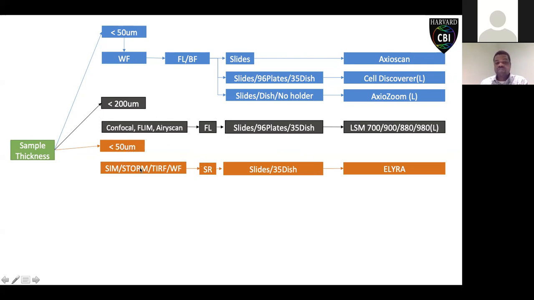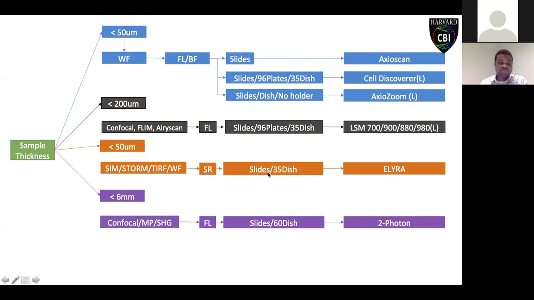You have SIM, STORM, TIRF, and Widefield, which are on the Elyra, and that can take slices in a 35mm dish. And when the samples are thicker, up to 6 millimeters, we have the confocal, multiphoton, and second harmonic generation. We have the 2-photon to use.